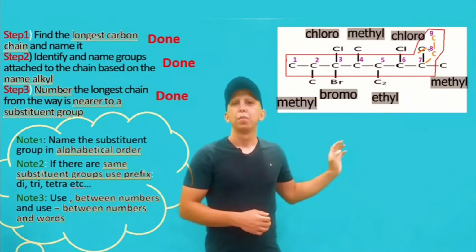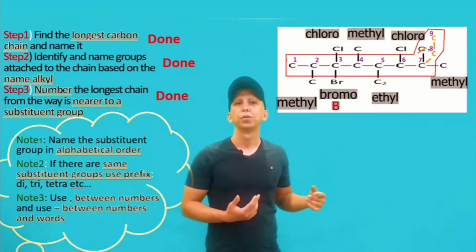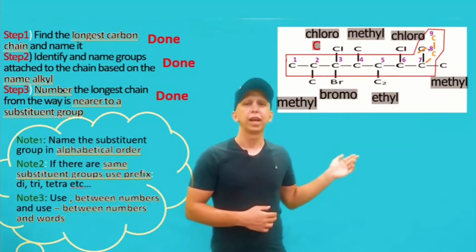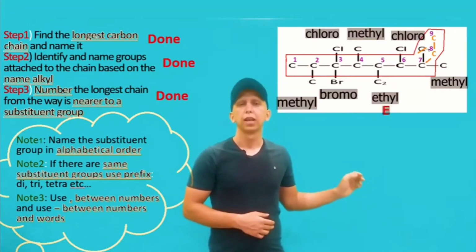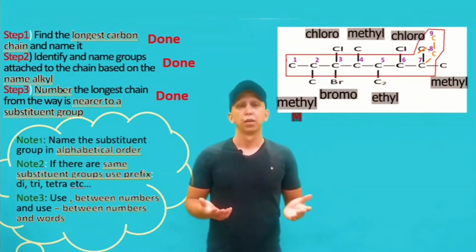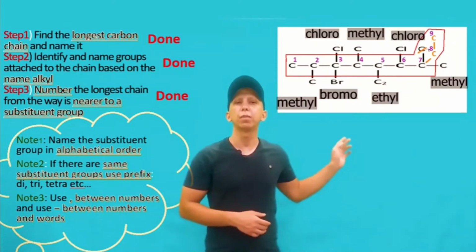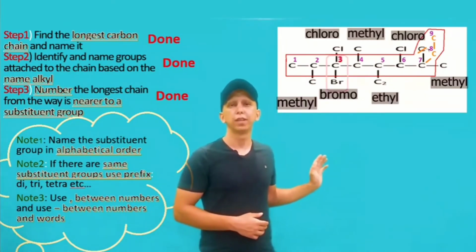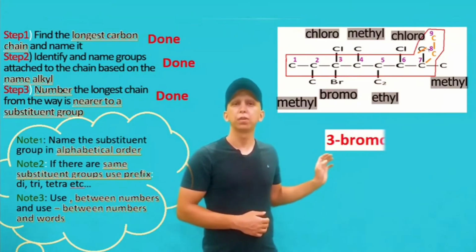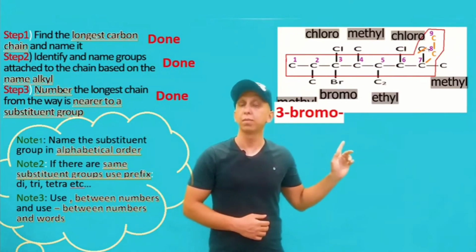As we know, bromo starts with B and it's closer to A. Then chloro, and after that ethyl, and at the end methyl. So we will start with bromo. Bromo is attached to carbon number 3. So we will write 3 dash bromo, and again dash for another number.